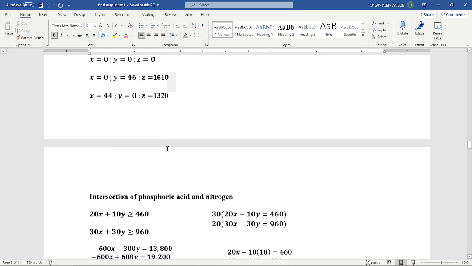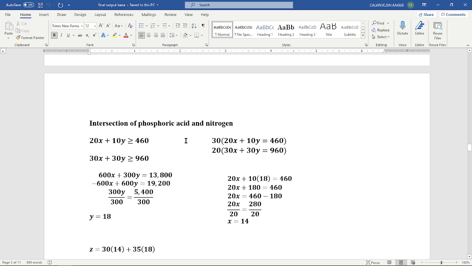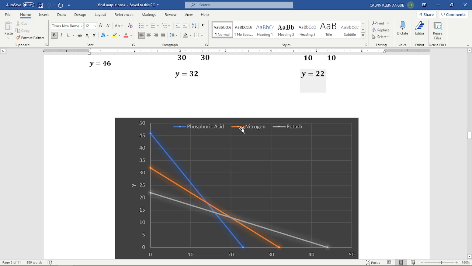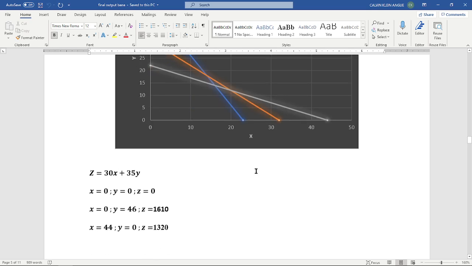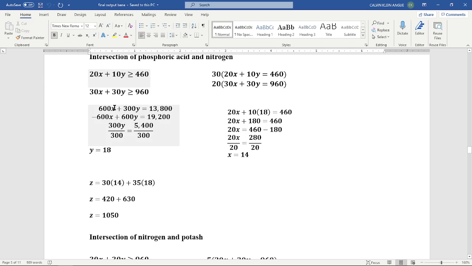So let's solve the next intersection of phosphoric acid and nitrogen. We need to solve this part. So it's the same as in the maximization profit. You just need to put your 20 here, you put your 30 there, then you just multiply this and you will get this, then subtract, then you will just need to divide. 5,400 divided by 300, it will be equals to y equals to 18.